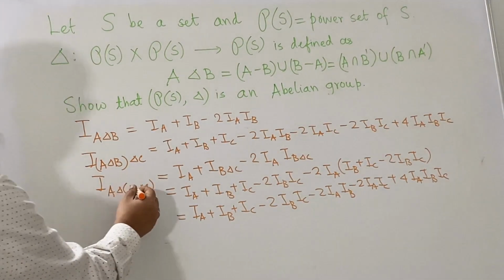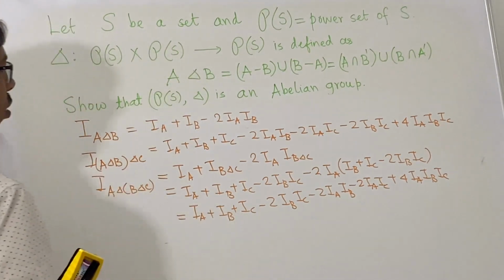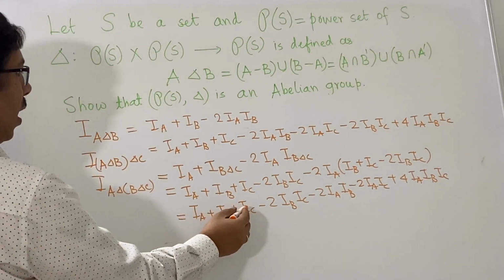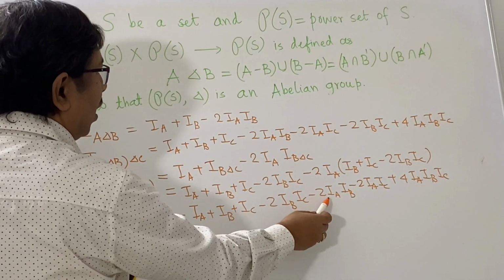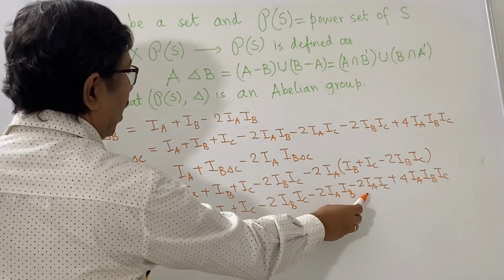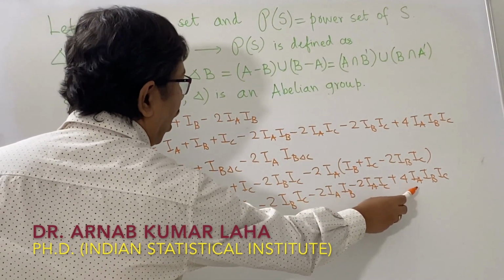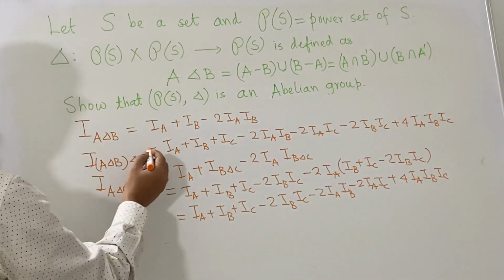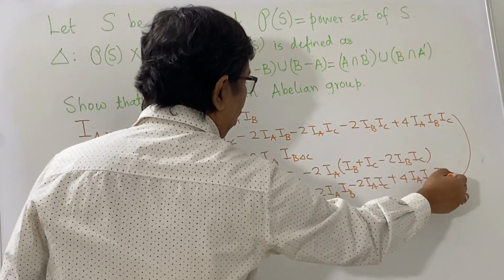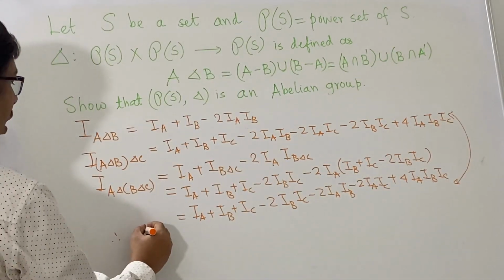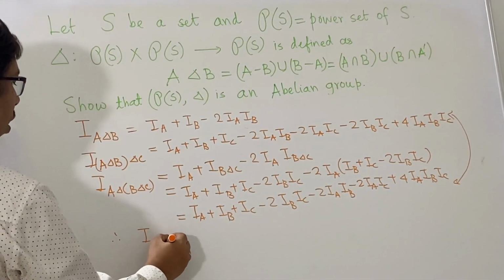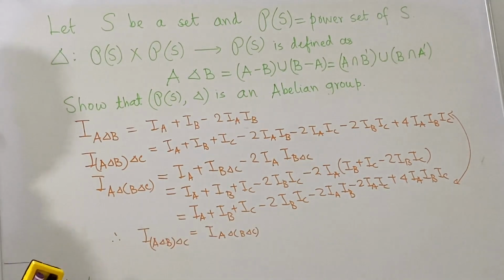So I of A delta (B delta C) after simplification turns out to be I_A plus I_B plus I_C minus twice I_A I_B minus twice I_A I_C minus twice I_B I_C plus 4 I_A I_B I_C, which is the same expression that we have got here. So therefore, we can claim that these two indicator functions are the same, and if two indicator functions are the same, then the sets of which these are indicator functions are equal.